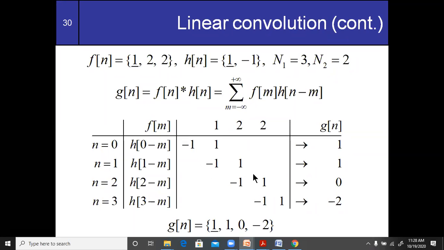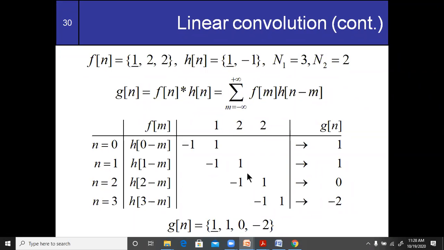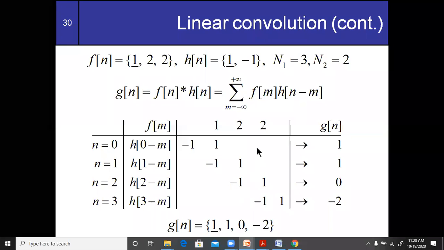When we multiply this with this, then we'll get 1 into -1, that is -1, plus 2 into +1, that will be 2. So -1 plus 2 will give you again a value which is 1. Now, if you want to multiply this with this, then this 2, 2 should be multiplied with this -1, 1. So 2 into -1 plus 2 into 1 will give us the value which is 0.